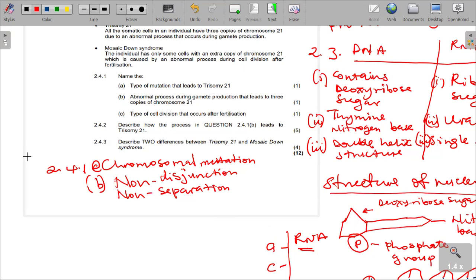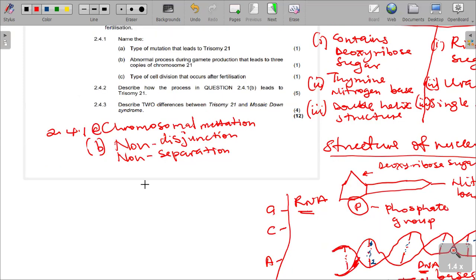And then question C: the type of cell division that occurs after fertilization. When cells have been formed, what type of cell division allows growth? Here we are just being asked to understand that we have what is called mitosis. Mitosis is the process by which cells multiply in order to grow or to replace dead cells.